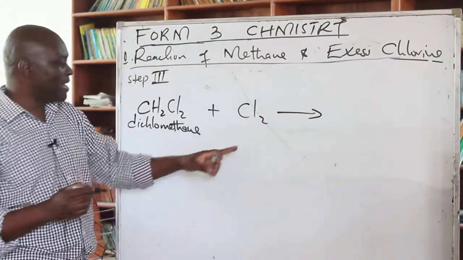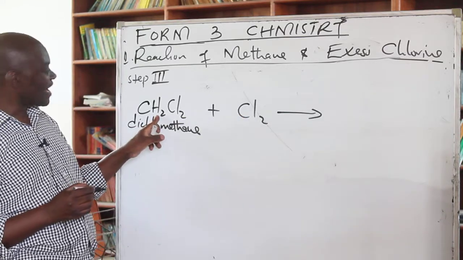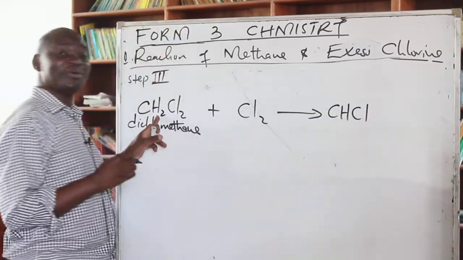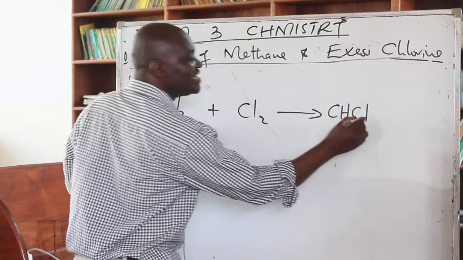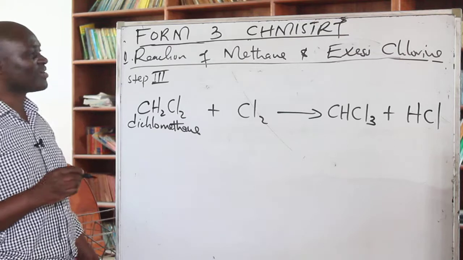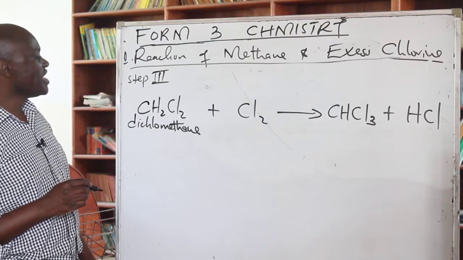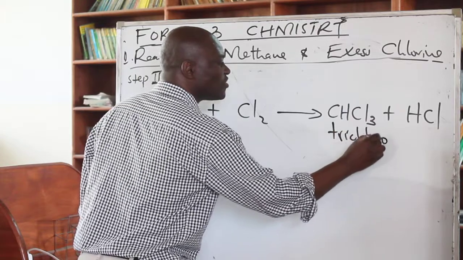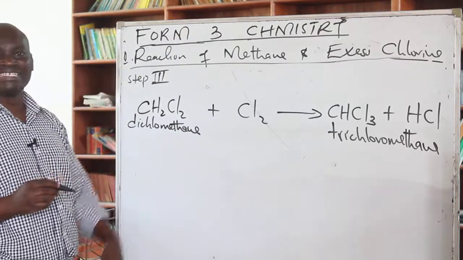Now, the next thing that will happen is that one chlorine atom will substitute one hydrogen here. So we are going to replace one hydrogen with another chlorine. So chlorine will not be 2, but chlorine will now be 3, plus hydrogen chloride. So in this case, we have trichloromethane, because they are 3, tri.